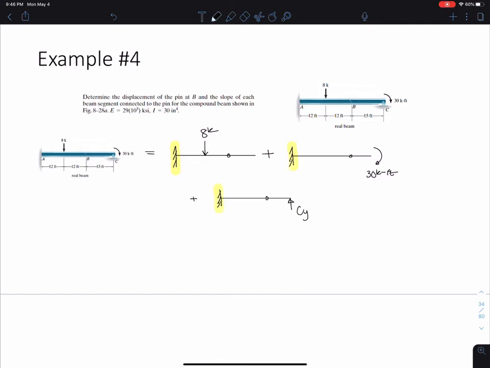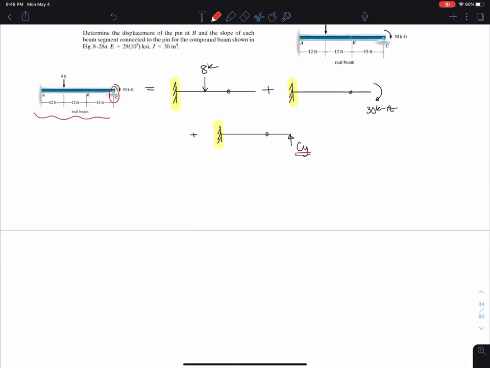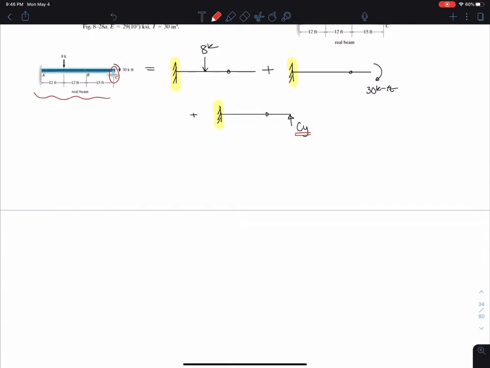And what I'm going to do first is analyze this system. I need to figure out what this CY is so that I can put it here as a reaction force. So in order to figure out what CY is, I'm going to have to pull this member apart first. So I'm going to say that I have this beam here attached to this beam here.